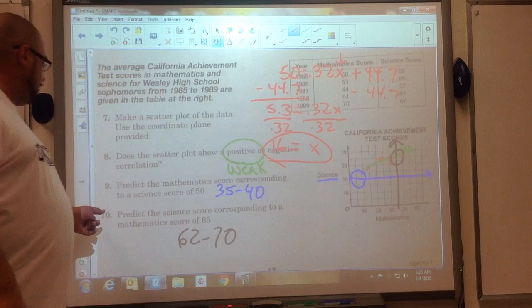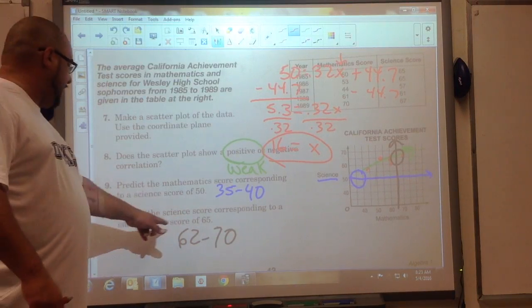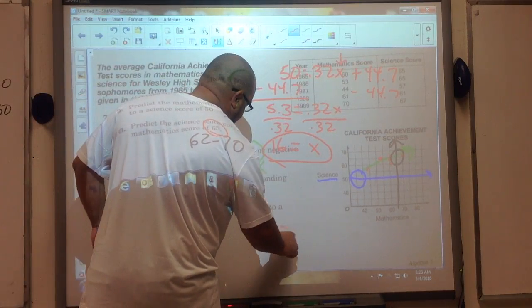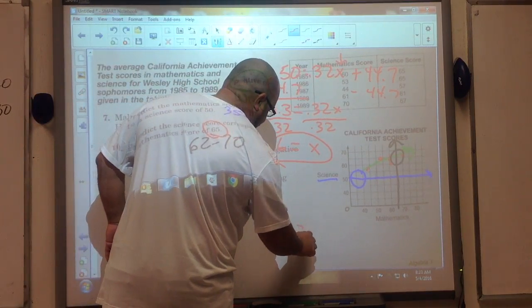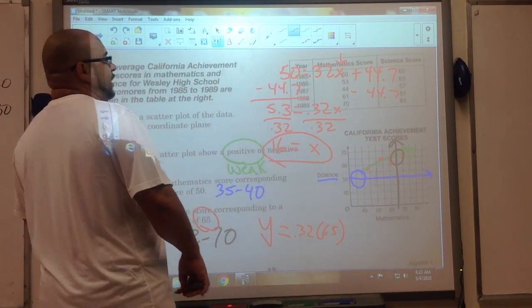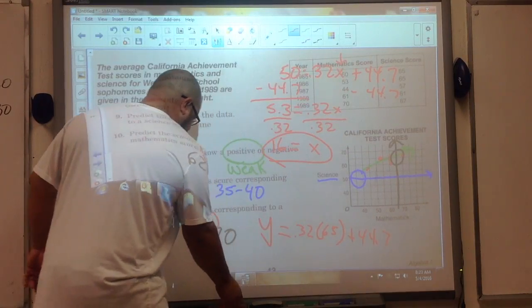All right, so let's do number 10 now. It says predict the science score for a mathematics score of 65. So in this case, we're going to do y equals 0.32 times 65 plus 44.7.